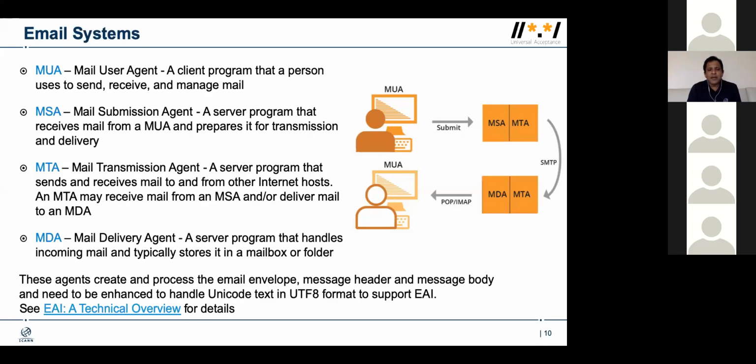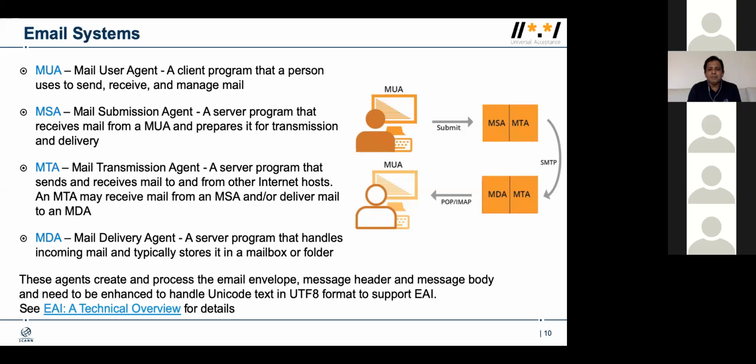And then we also have MTA. MTA stands for Mail Transmission Agent. Simply, this is what we call mail servers, right? Because sometimes the mail submission agent can also be part of MTA as well.